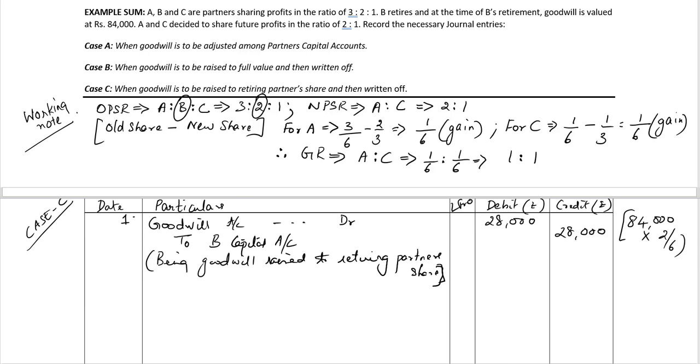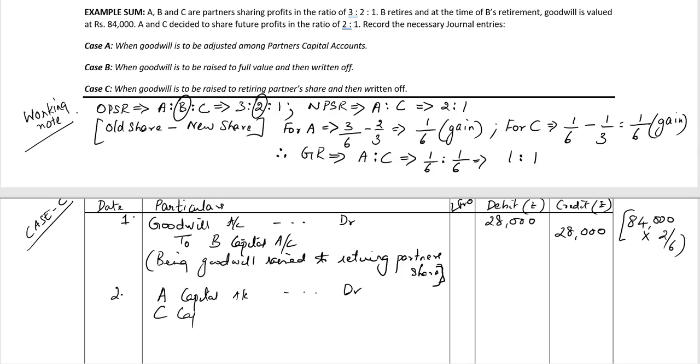The second entry, we'll write off the goodwill which has been raised between the gaining partners A and C in their gaining ratio 1:1. So it's A's capital account debit, C capital account debit, to goodwill account. 28,000 rupees written off in gaining ratio 1:1.